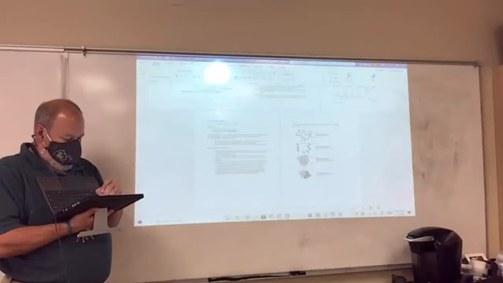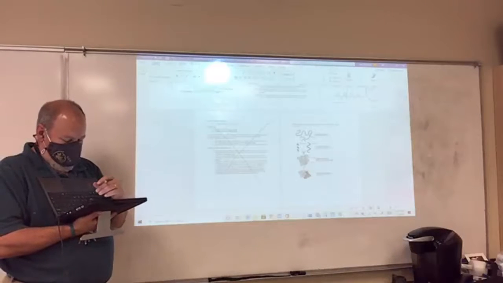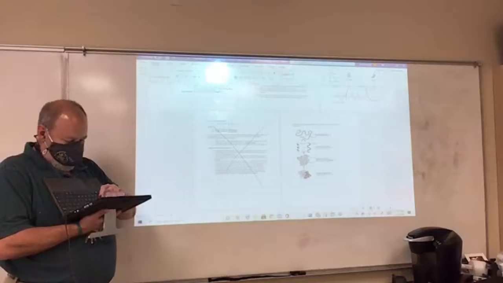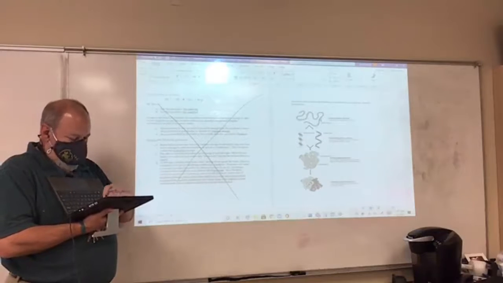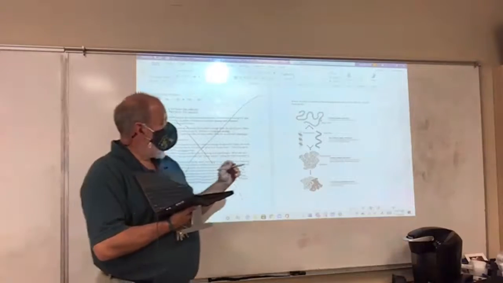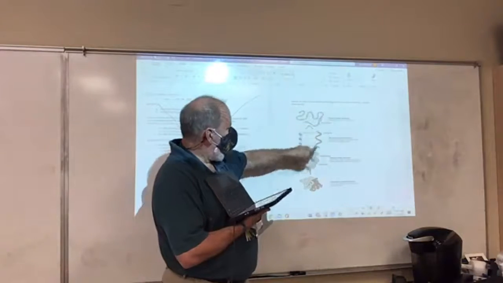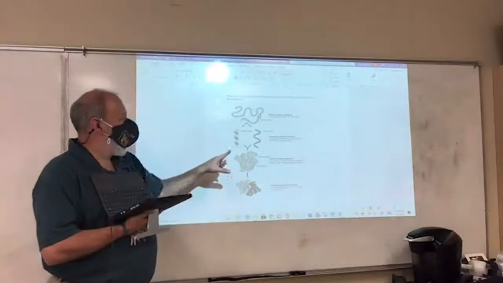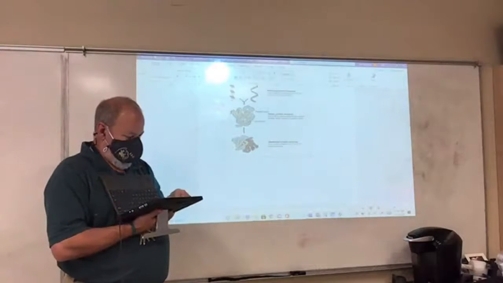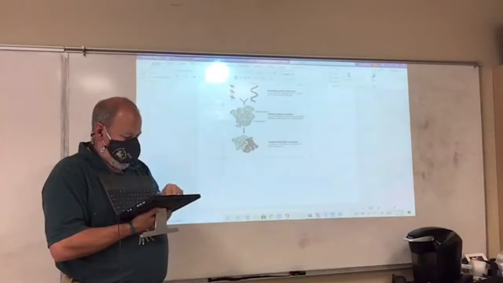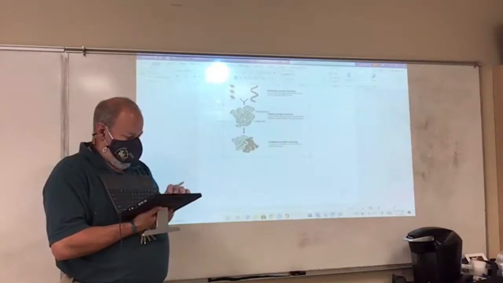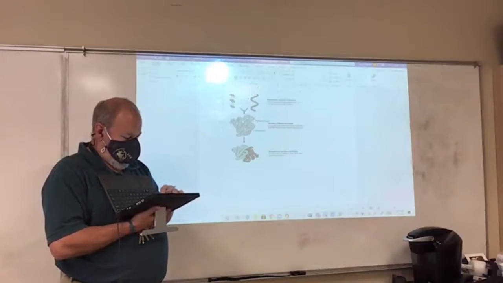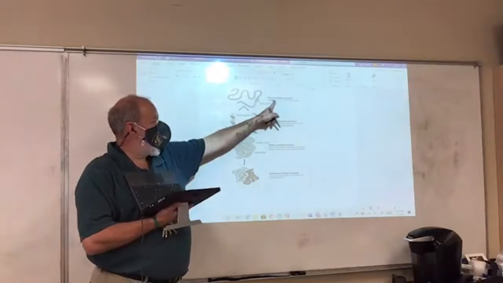Then again, cross out this page. And we talked about page number 8. We did. Okay, so this one, I will mix these up and the descriptions up, and you'll have to match them. The chain is the primary structure.